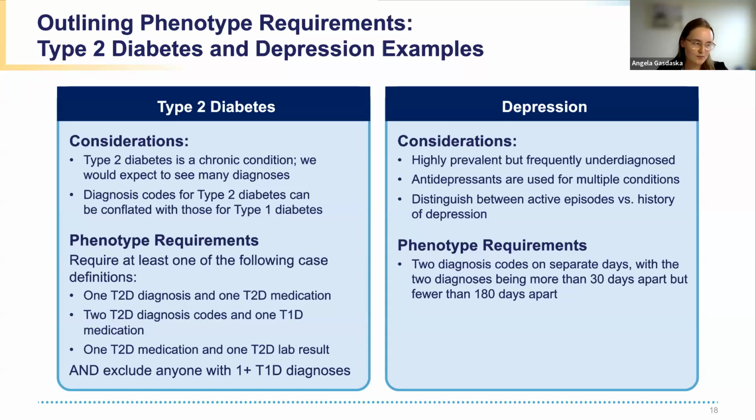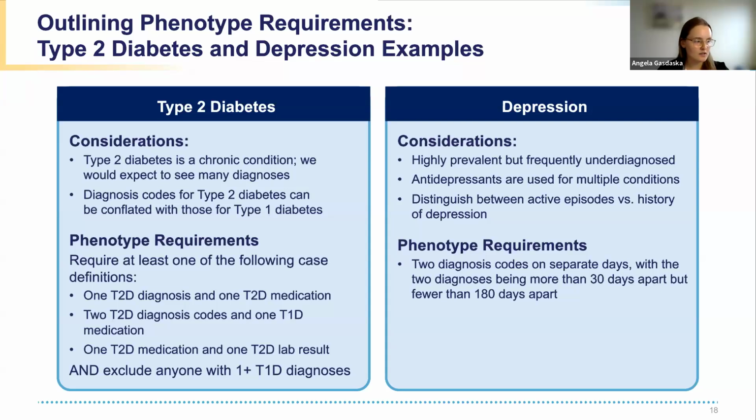So for our phenotype definition, we had three different pathways that someone could qualify for our phenotype, and they each require different data domains. So I think for this, we were really hoping that, with requiring multiple domains at every step, this increases our confidence that these individuals do actually have type 2, but having these multiple different case definitions ensures we aren't excluding participants that may be missing certain data domains for whatever reason.